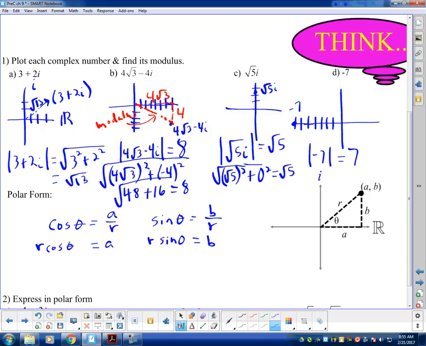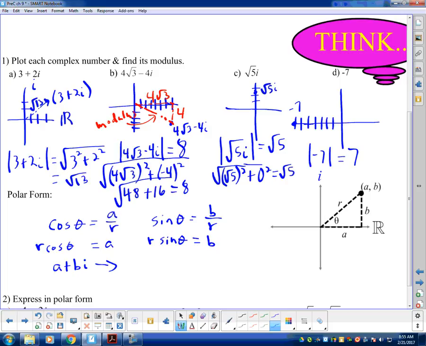Remember the goal here. We're going to take A plus BI, which is complex rectangular form. Okay, complex form, but these are rectangular coordinates. In other words, they're on, well, sort of like the XY plane. It's on the real versus imaginary plane.